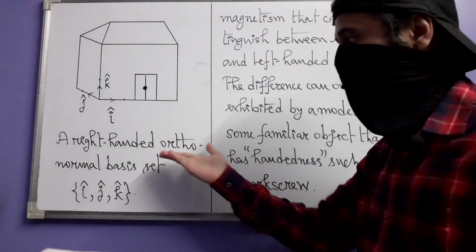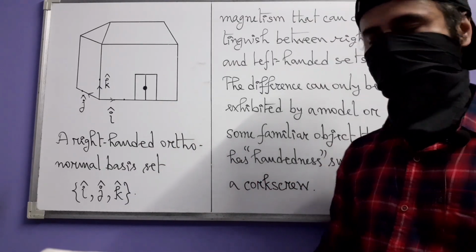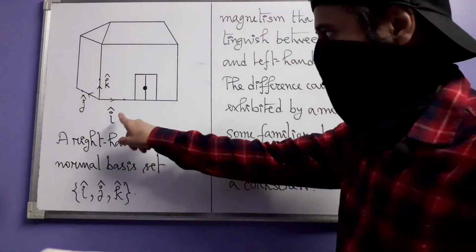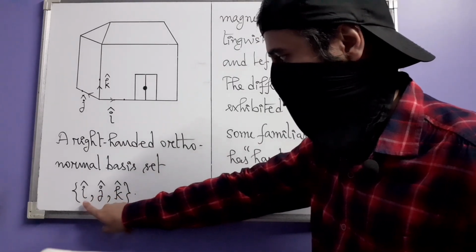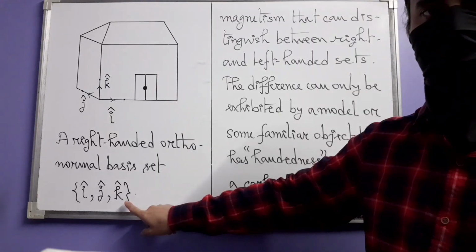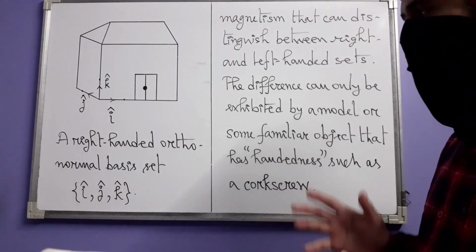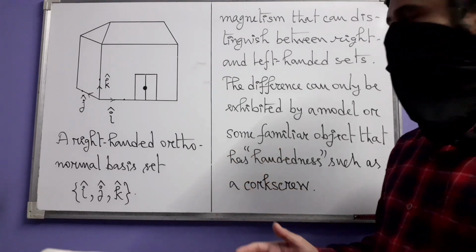Now what about this right-handedness? What does it have to do with the right hand? Well, note that the vectors have been written in a particular order, i followed by j followed by k. You can understand right-handedness like this.